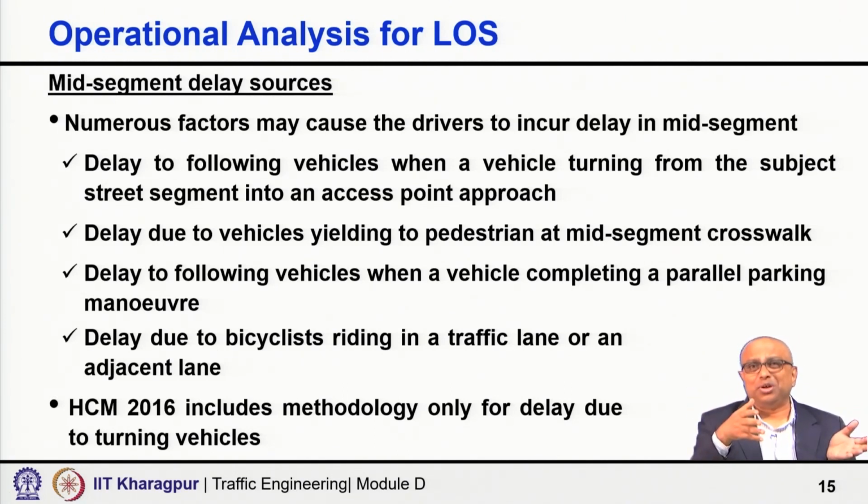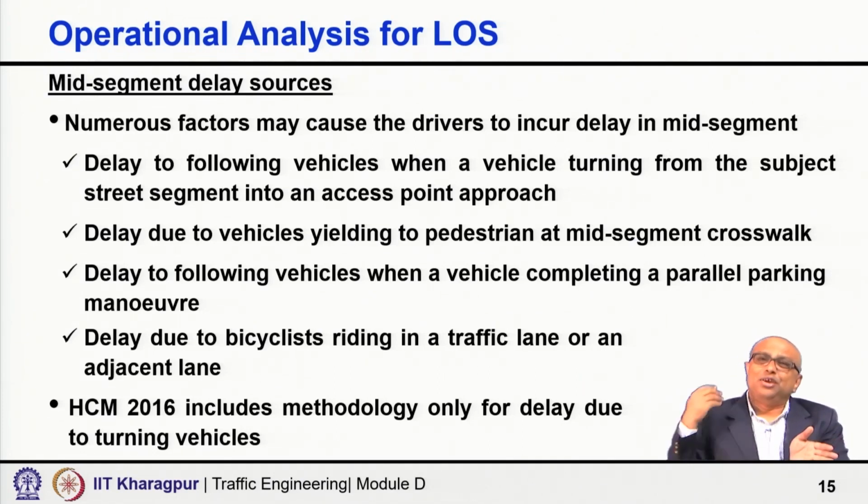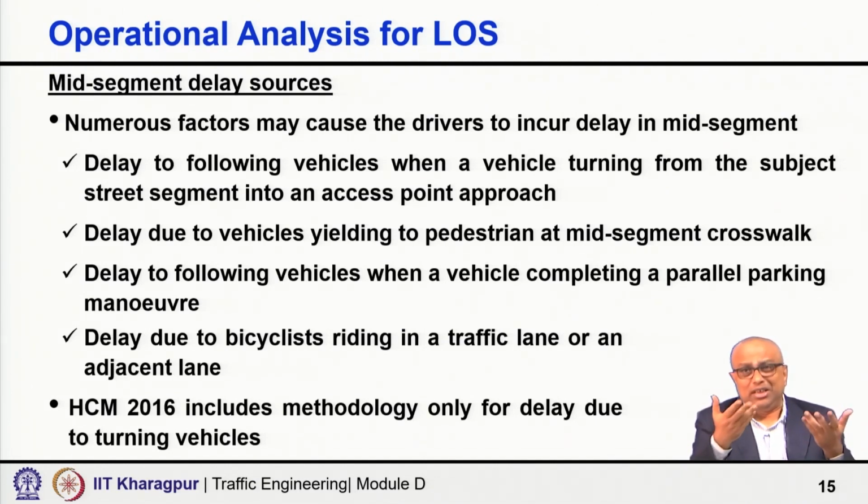In US norms, if a vehicle is taking a left turn, that means in the Indian condition it is a right turn, then the vehicle may stop until it is able to do the maneuver. And if it is taking a right turn as per US convention and a left turn as per Indian convention, then the speed will get reduced and then the vehicle will take the turn. So, the vehicles following the vehicle which is trying to take a turn, either left or right, may get their speed influenced and delay may occur.